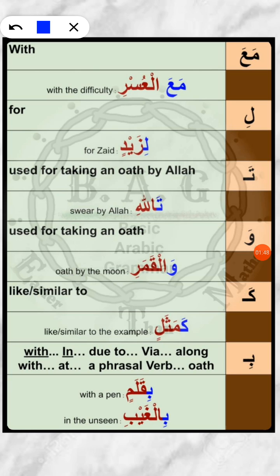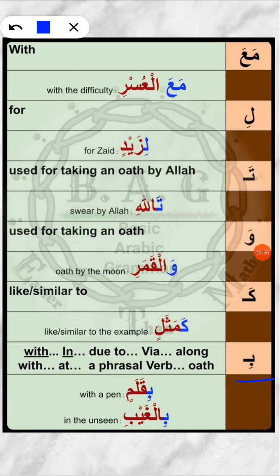If you want to use the particle ta, then the only being that you can take an oath by is Allah. All right, if you want to take an oath by something else, you have to decide between wa and bi. All right, that's what the ta is only for Allah. And if you want to take an oath by anything else as well as Allah, then you can use either wa or bi. That is it.